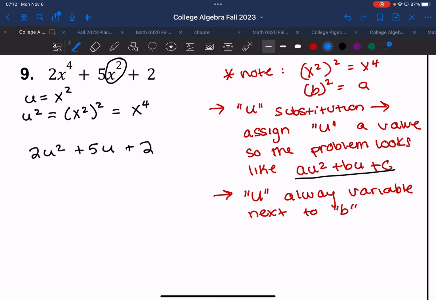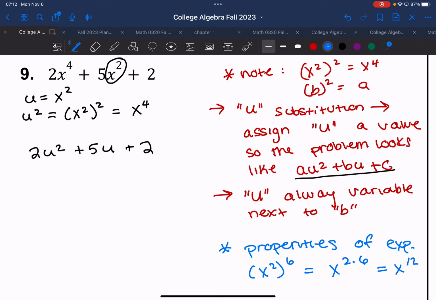Let me rewrite this. Properties of exponents. If we have an exponent being raised to another exponent, we multiply. So this is x to the 2 times 6, which is x to the 12th.